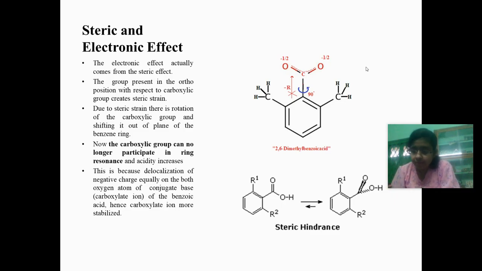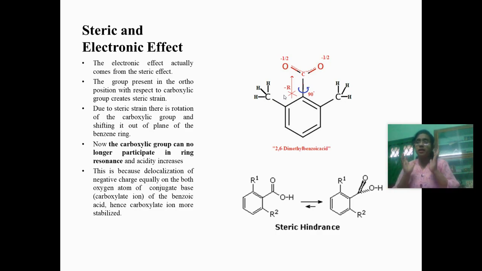Now the resonance occurs between the benzene ring and this CO2 minus, only these two. No other things are participating in the resonance. That is why the structure becomes more stable. As the structure becomes more stable, the acidity will increase.